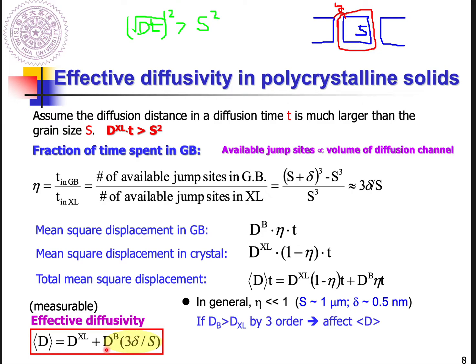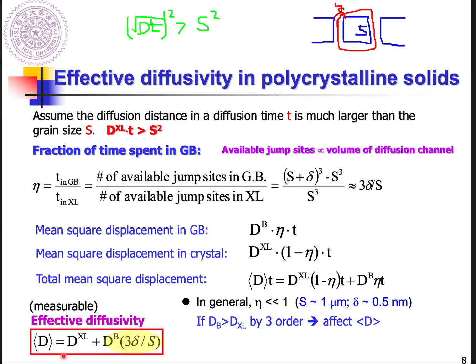So if D_B is larger than D_XL by 3 orders, then this extra term contributed from the grain boundary will change or affect the effective diffusivity. In this case, you need to modify the effective diffusivity as long as this term is large enough. Otherwise, you can just use D_XL to estimate what you are interested in. You can directly use D_XL to represent the effective diffusivity.